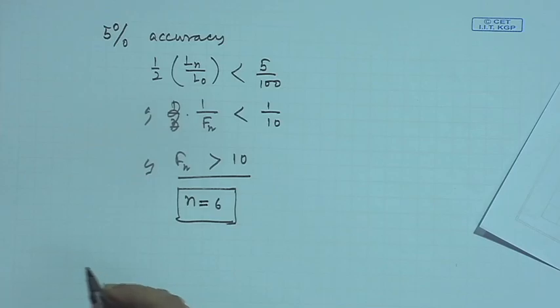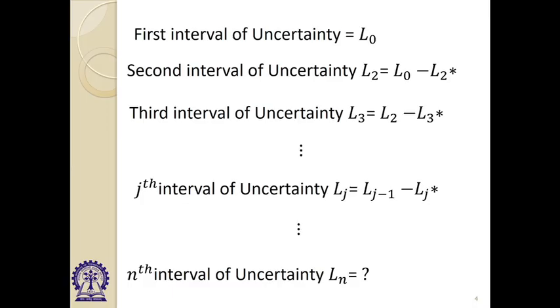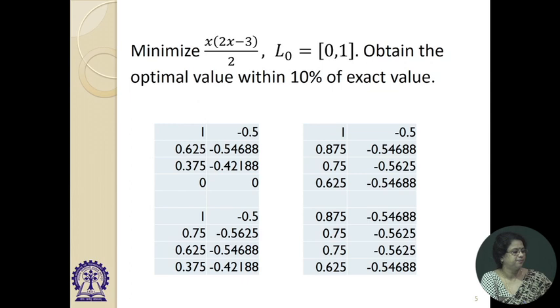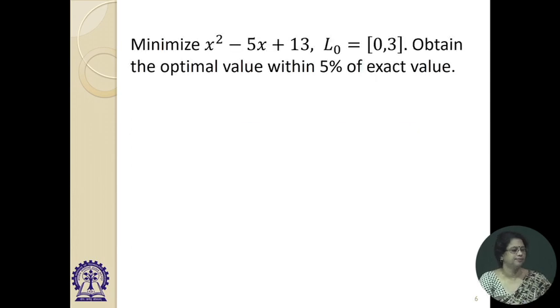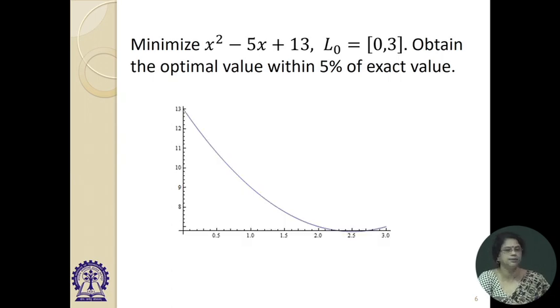Okay. Now, let us take one example for doing these calculations. If I just see the pattern of the function, this is the pattern. What did you see? That function is unimodal between 0 to 3. Where is the mode? It is not much visible from the figure, but I want to have 5% of exact value.